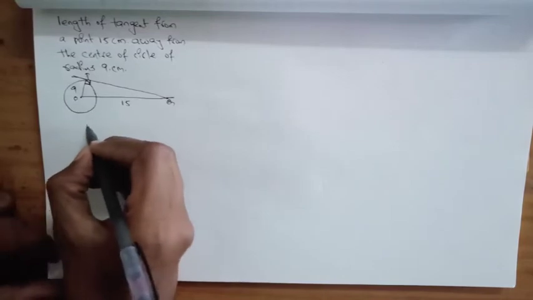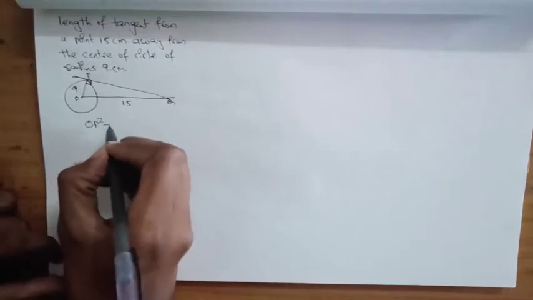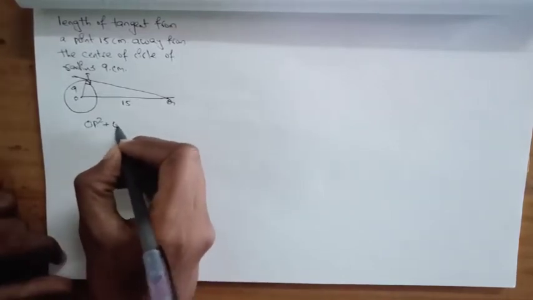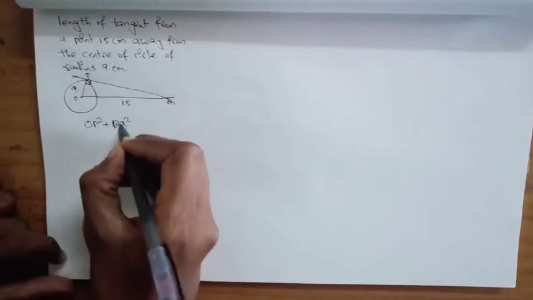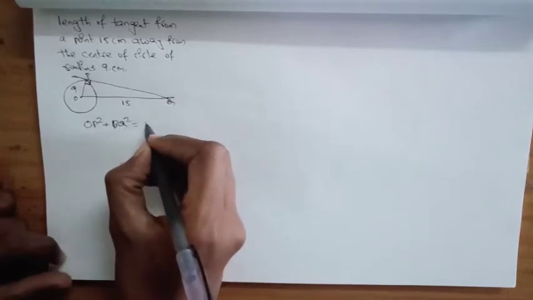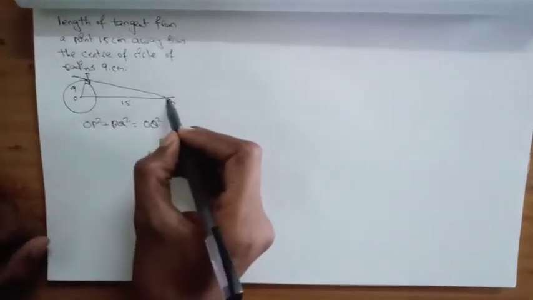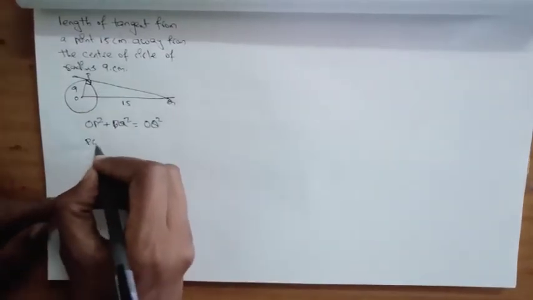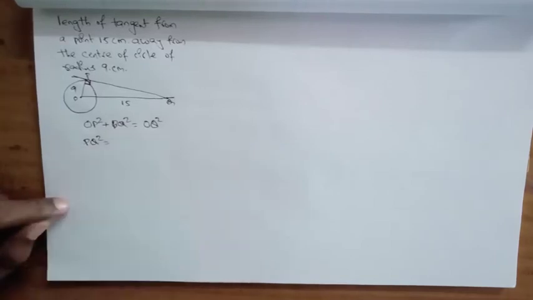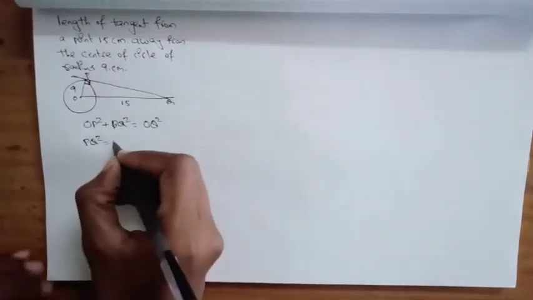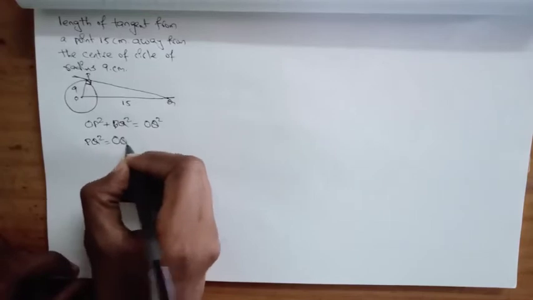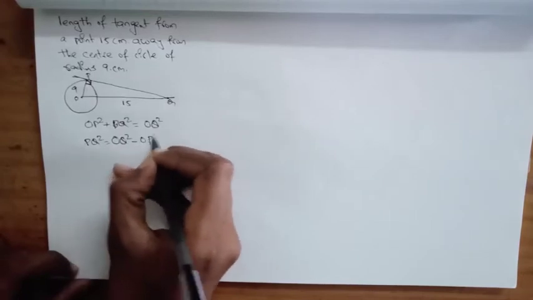It becomes OP square plus PQ square equals OQ square. From this we have to find PQ square. So the formula for PQ square equals OQ square minus OP square.